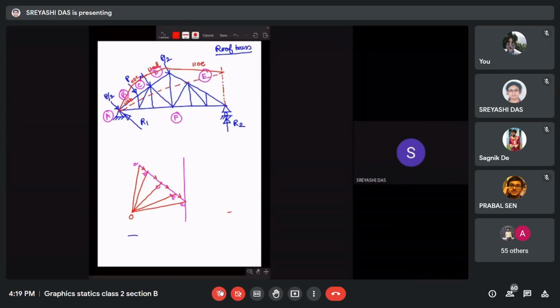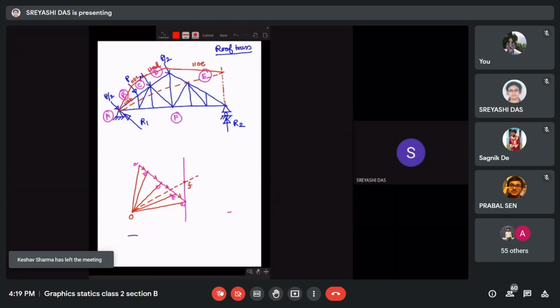So this will be our funicular polygon. So here, these 2 points, the dashed line, now from this, we have to draw a line parallel to this dashed line from O, which will cut this vertical at this point. So this point will be our F point.